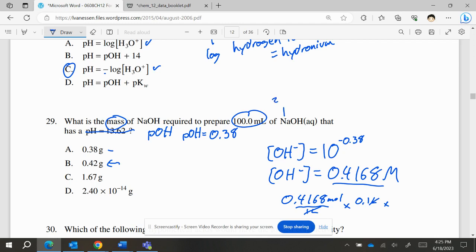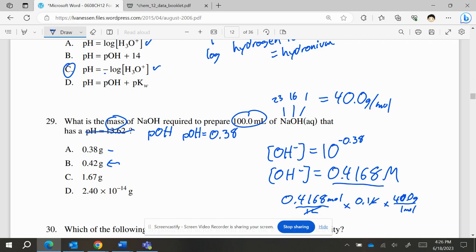Sodium's molar mass is 23, oxygen is 16, hydrogen is 1. 23 plus 16 plus 1 is 40. So I'm going to multiply this by 40 grams per mole.